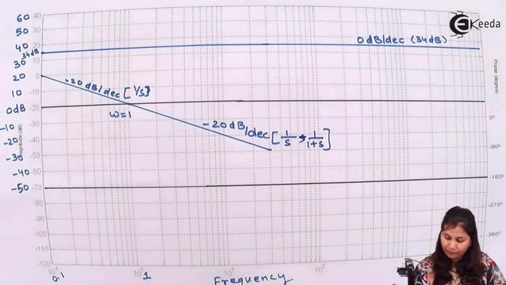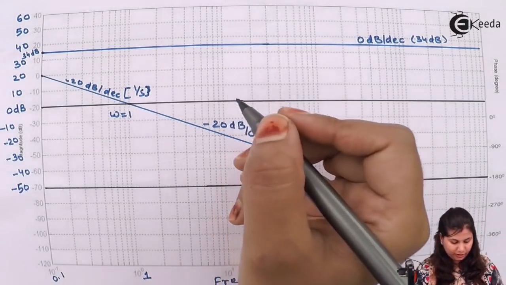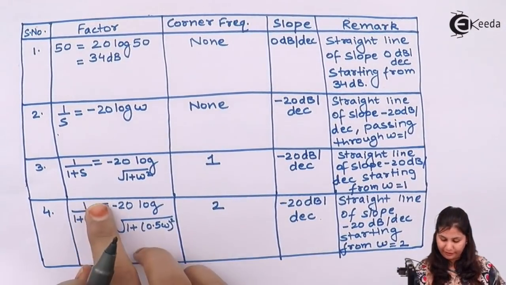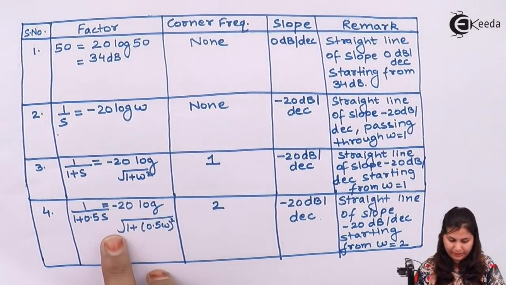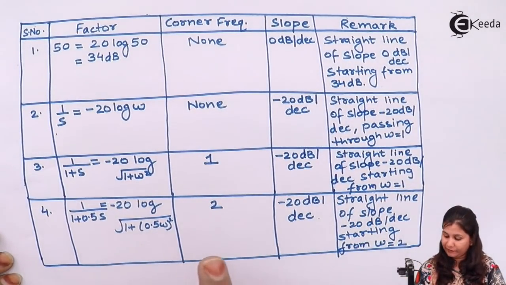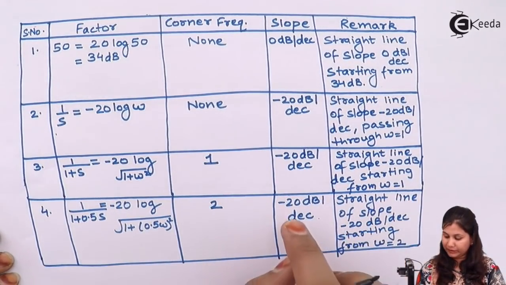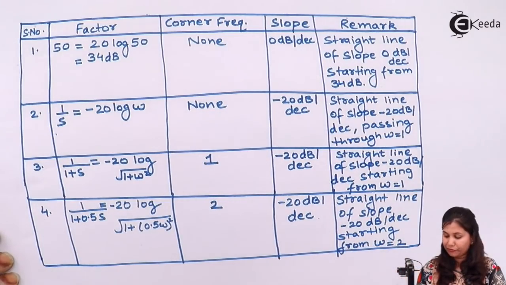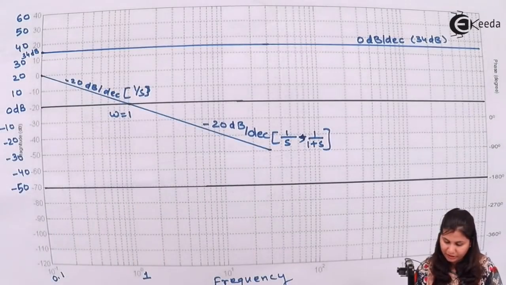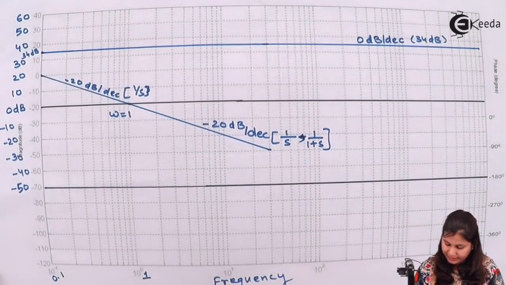Okay. Now we have the fourth factor as 1 upon 1 plus 0.5 s and its corner frequency is 2. So this will be a straight line having the slope minus 20 dBs per decade and starting from the frequency omega equals to 2. So mark the frequency omega equals to 2. It is 10, it is 1 and it is 10.